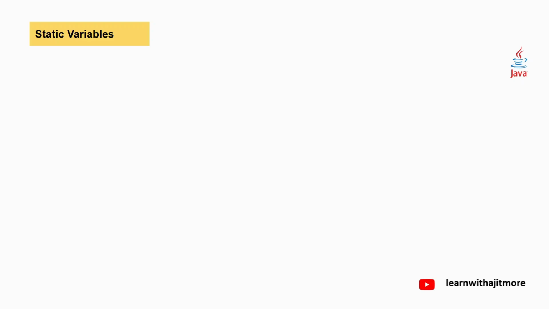It is only one copy. Now, where is it declared? Same as instance, they are declared inside the class body, outside the method. Only you have to use a separate keyword, static, to announce that it is a static variable. Like I'm creating class Student.